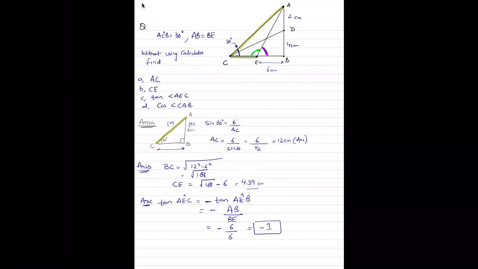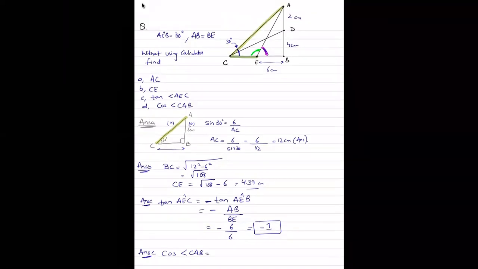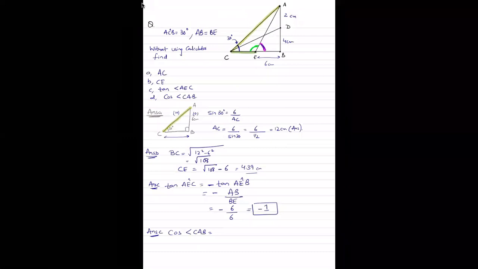Now the last part says cos of CAB. Cosine of angle CAB. So let's mark CAB. Angle CAB is over here. This angle. So we know this is a right angle triangle.